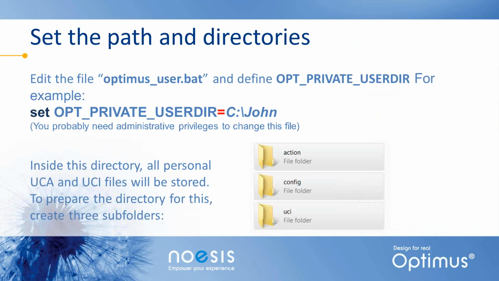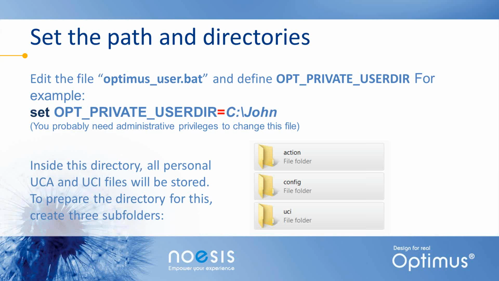Once you create and you decide where to put all your personal belongings, you have to define that in the Optimus user.bat file. There is an option that is named OPT private user dir, and you can easily define your directory there. Just remember that you probably need administrative privilege to change this file, especially if you install on the C program files directory.